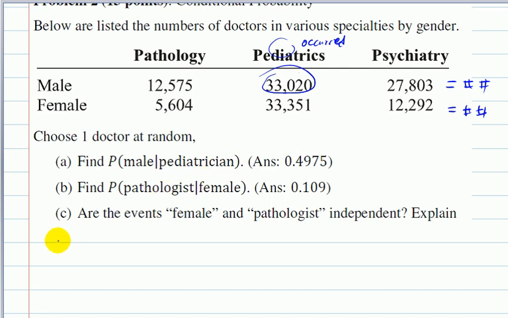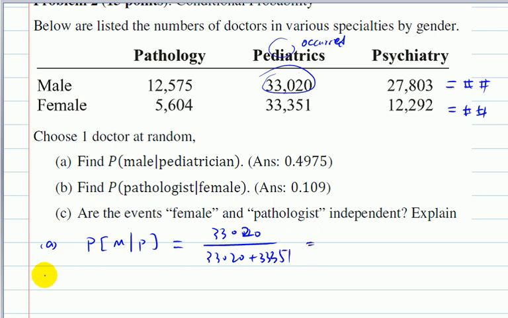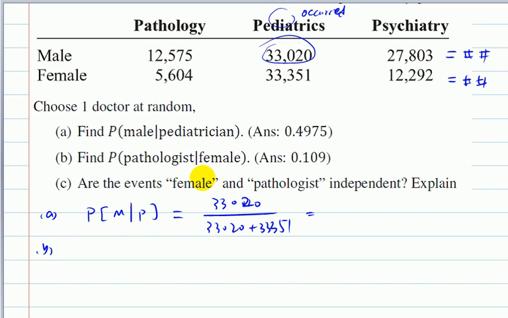Okay, so apparently the first part A, P(male given pediatrician), equals what? 33,000 divided by 33,000 plus 33,351. Okay, yeah. Second one, it's the same matter. Pathologist, given this is a female.